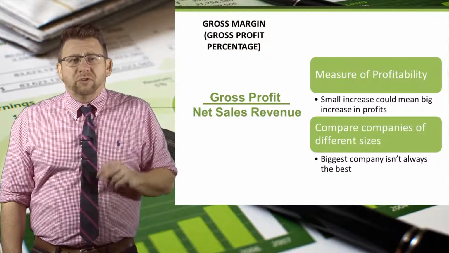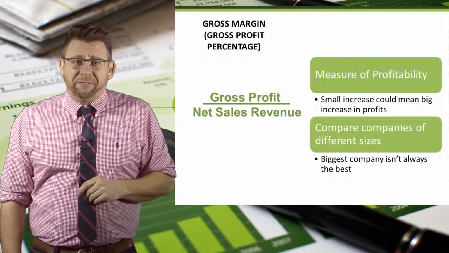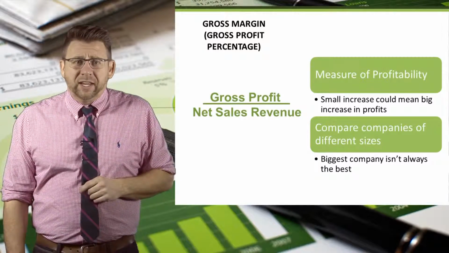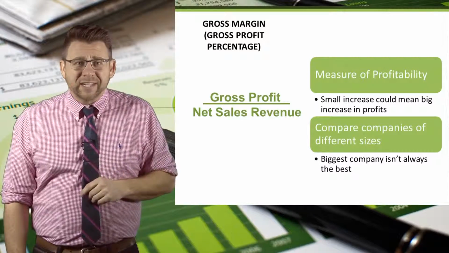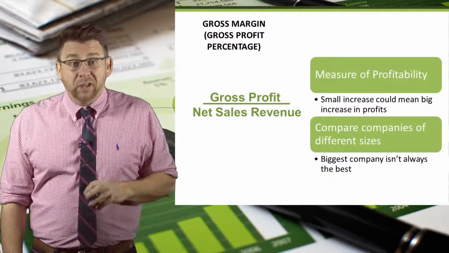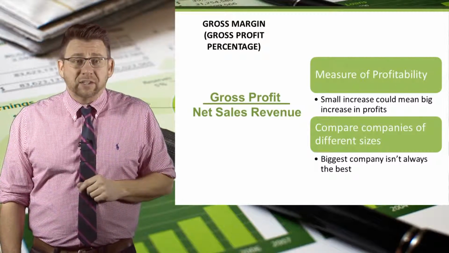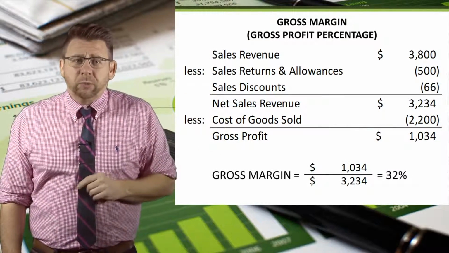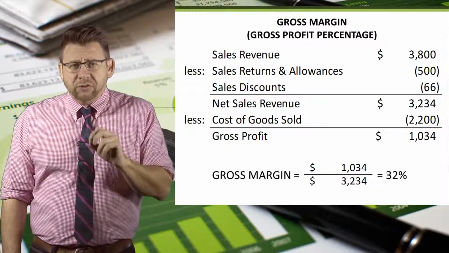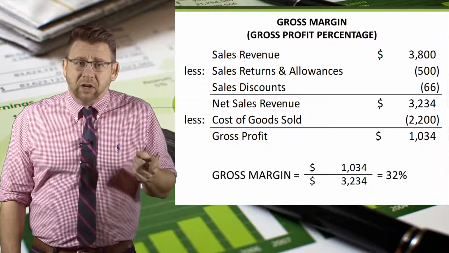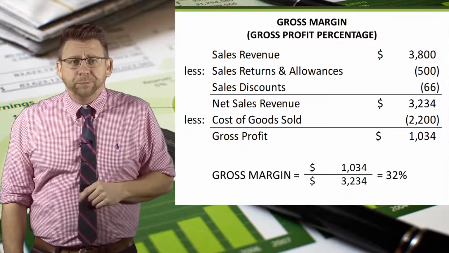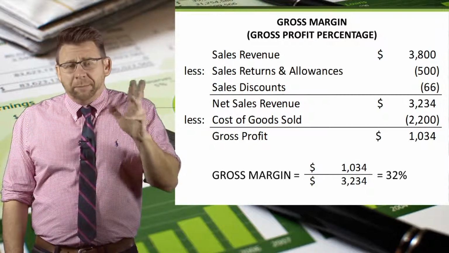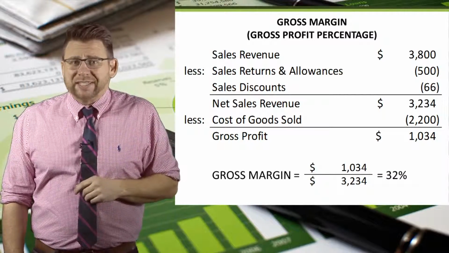Gross margin is one of the most carefully watched measures of profitability by internal and external users of financial data. A small increase may signal an important rise in income. Conversely, a small decrease may signal trouble. For RCA Records, the gross margin is 32%, meaning that 32 cents out of every sales dollar is going to gross margin. You'll learn more about how gross margin impacts net income in an upcoming video entitled Multi-Step Income Statement.